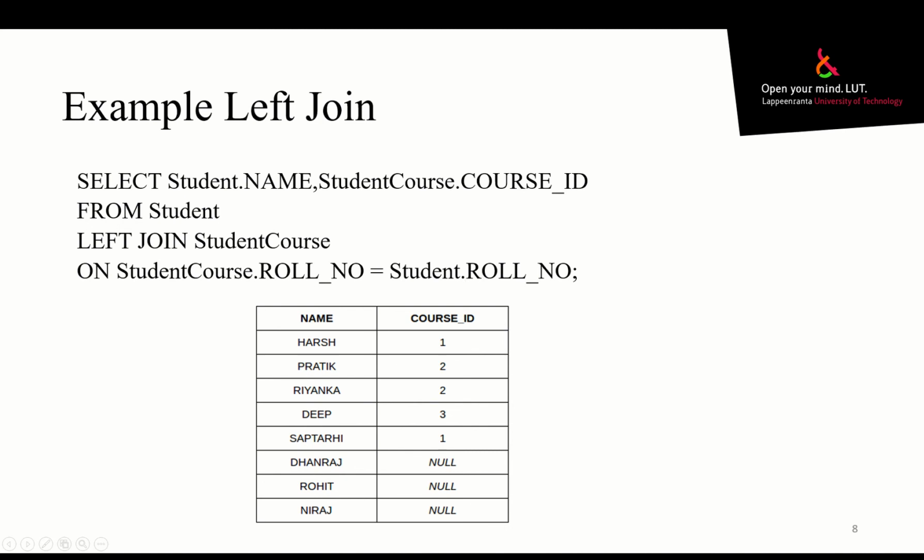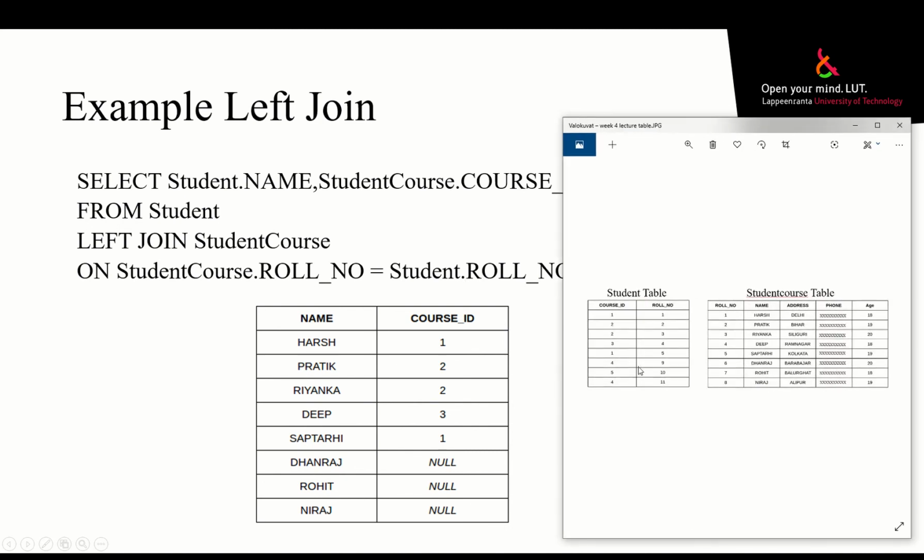So we have both matching. As you can see, if we look at this user, where is this user? Here. Because there is no match, what is returned in the course ID is null. So it returns nulls. All information is returned, but because there is no match, null is returned here. That is something you should see.